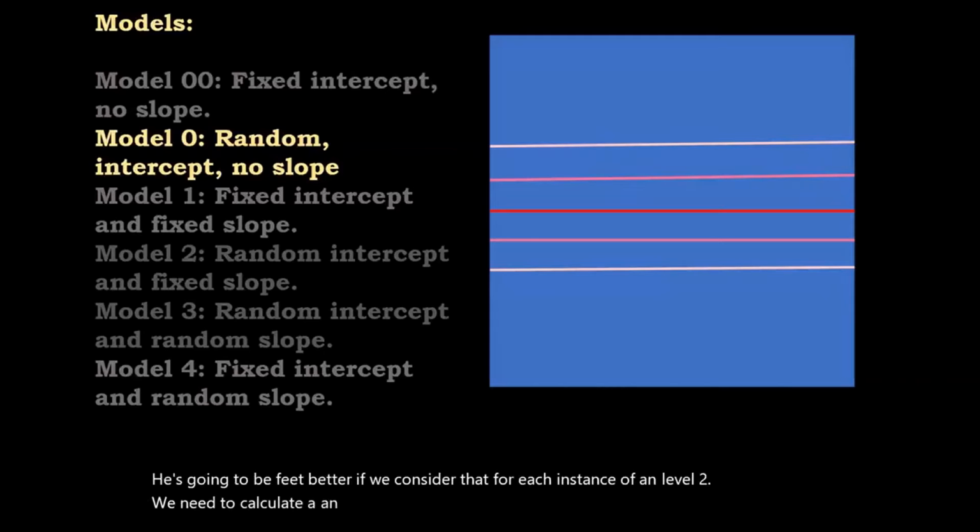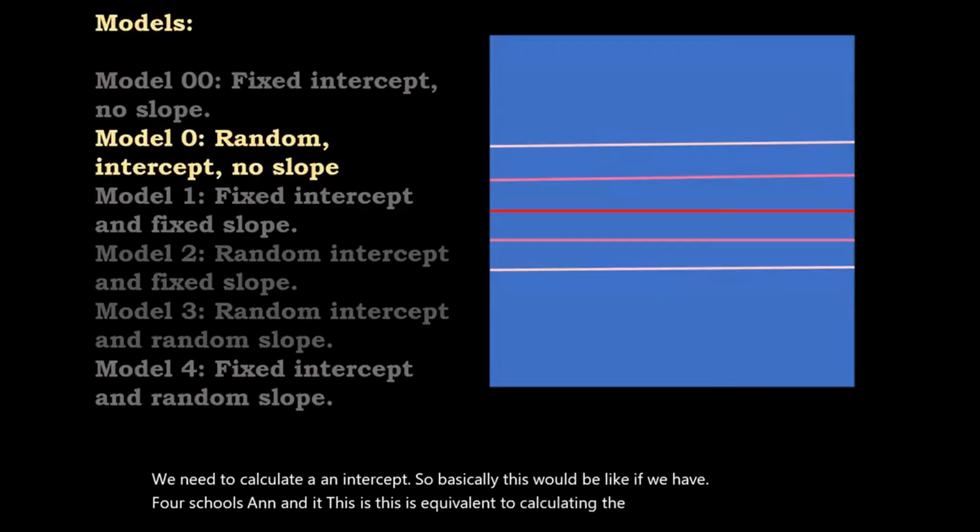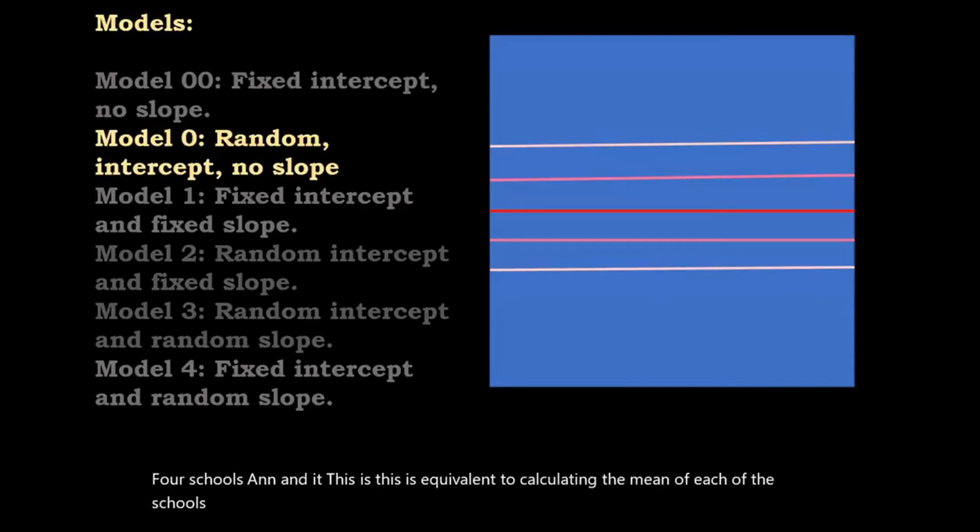So basically this would be like, if we have 4 schools, calculating the mean of each of the schools and comparing them to the total mean. So this is a one-way ANOVA.